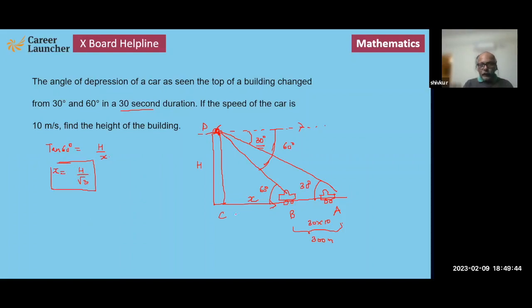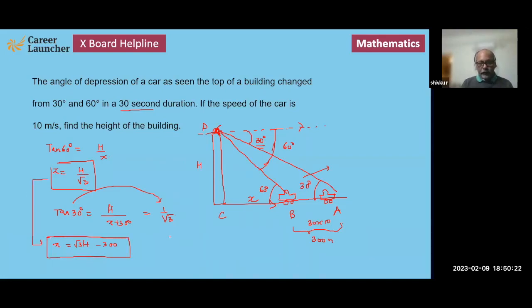Okay. We also know, if you look at this expression, tan 30 degrees is equal to h by x plus 300. And we know that the value of tan 30 is equal to 1 by root 3. So we get root 3h minus 300 is equal to x. And these two have to be equal.